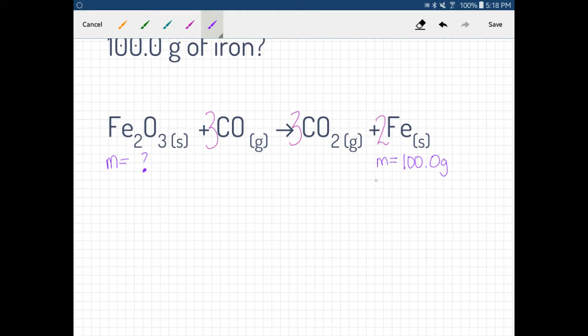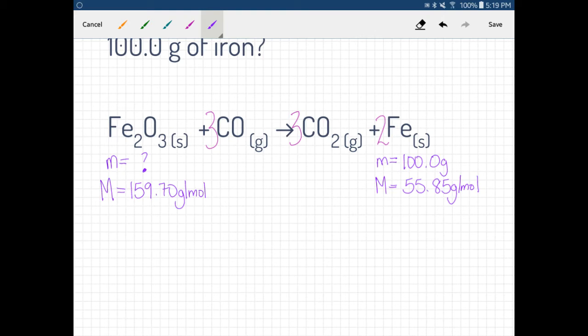I also know my molar mass of iron from my periodic table of elements is 55.85 grams per mole. And I know that my molar mass of iron 2 oxide, 2 irons, 3 oxygens, gives me 159.70 grams per mole.